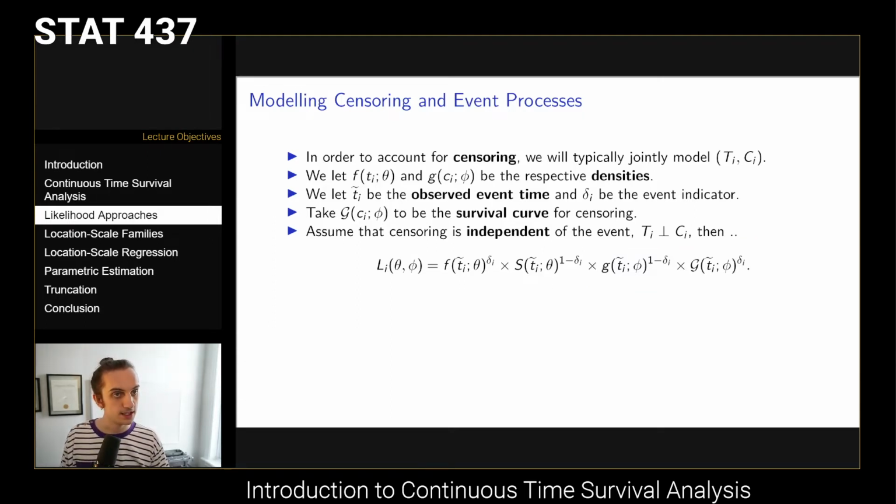So you can think about this as the first component being the contribution to the event process, the second component being the contribution to the censoring process. And for every individual, you're only going to have two of these four terms here, right?